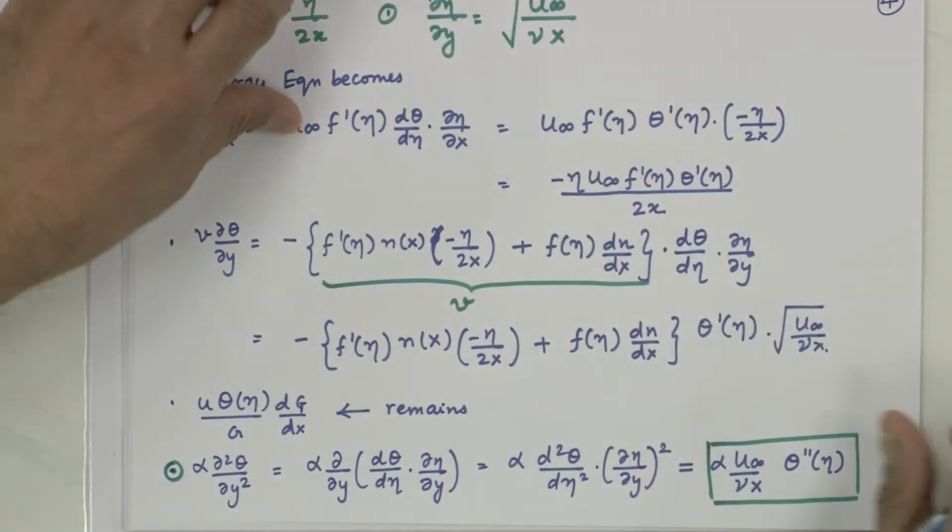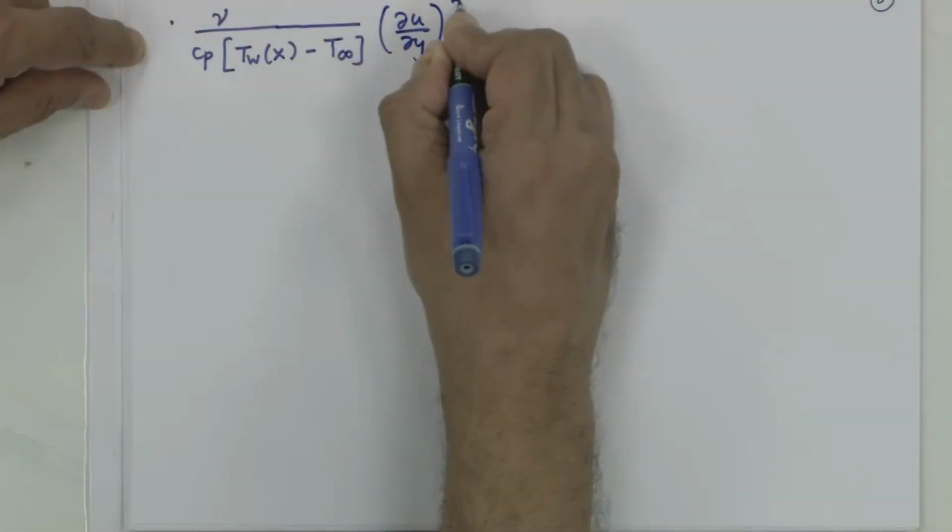And your viscous dissipation term, which was ν/(Cp (T_wall(x) − T∞)) (du/dy) whole squared.